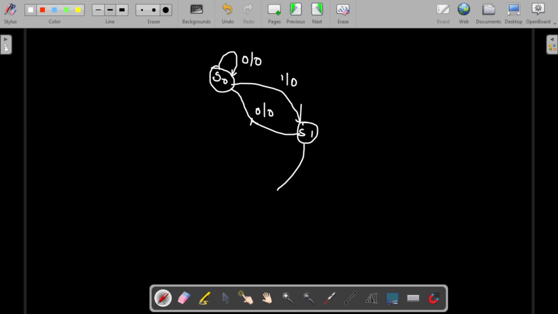When the input is 1, it goes to the next state, S1, with output 0. In S1, when the input is 0, it goes back to S0 with output 0. When the input is 1, it goes to the next state, S2, with output 0. In S2, when the input is 1, it stays in the same state with output 0. If the input is 0, it goes to the next state, S3.